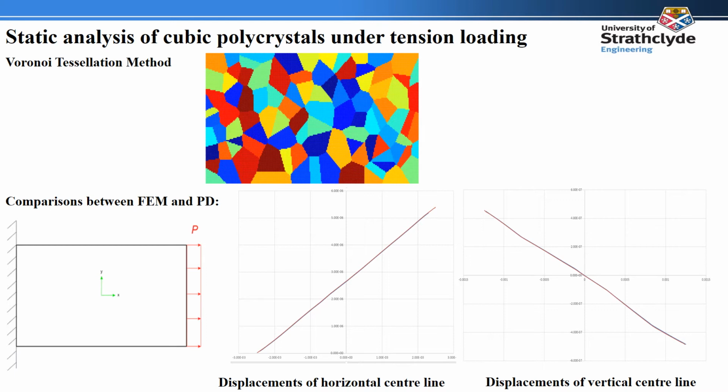The plate consists of 100 grains and is fully constrained on the left-hand side. Tension loading is applied on the right-hand side. The displacement along the horizontal center line and the vertical center line is collected for comparison. And from the two plots on the right-hand side, we can see the results from peridynamics match well with the results from finite element analysis.